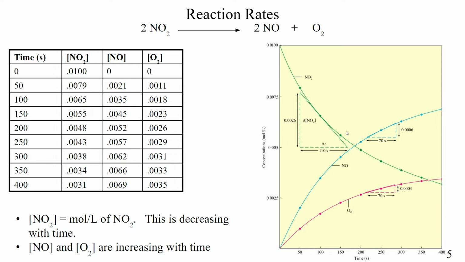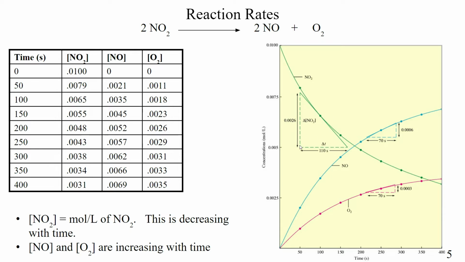And once we plot this data, or you could use a table, either or, we can actually find a reaction rate. And how are we doing that? We're just looking at the change in concentration over a period of time. If I wanted to look at the concentration change in this span of 110 seconds, from this point to this point, I could find this reaction rate.